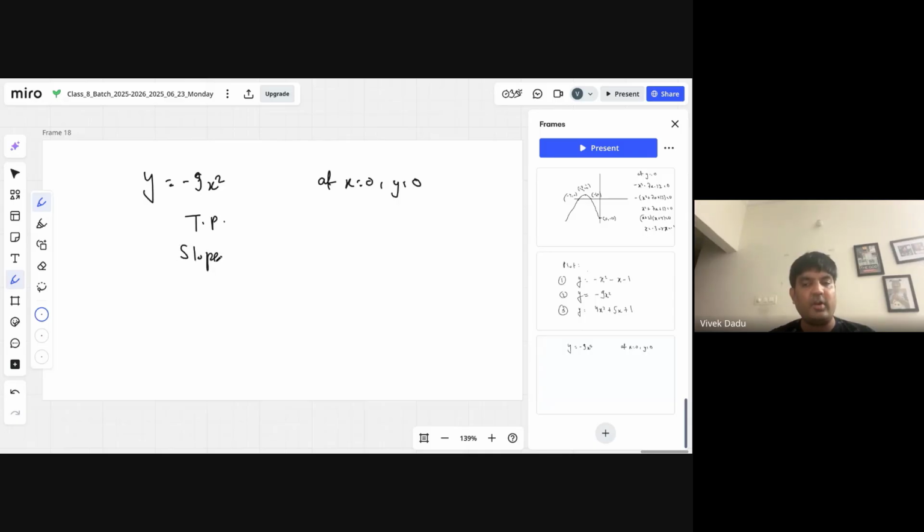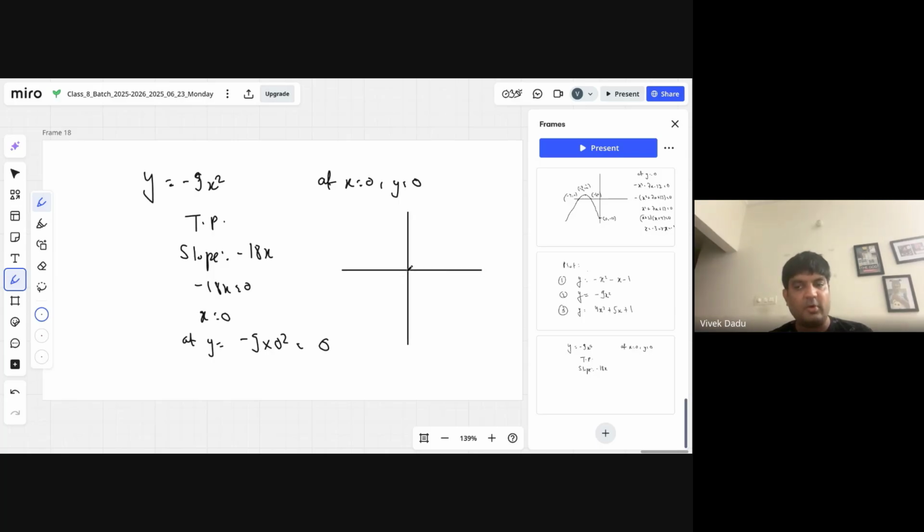Slope. What is slope? Minus 18x. Minus 18x equal to 0 means x equal to 0. At x equal to 0, y is minus 9 into 0 square, 0. So 0 comma 0 is your turning point as well as the y point, right?